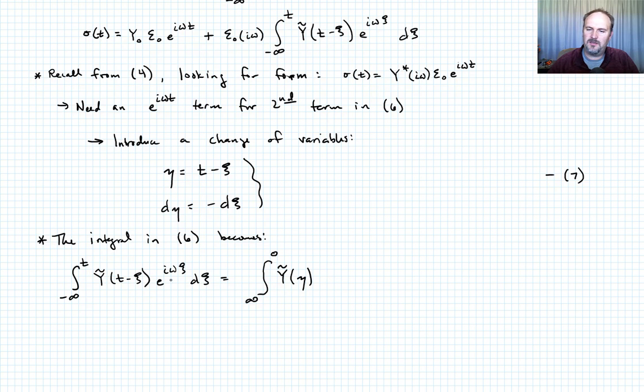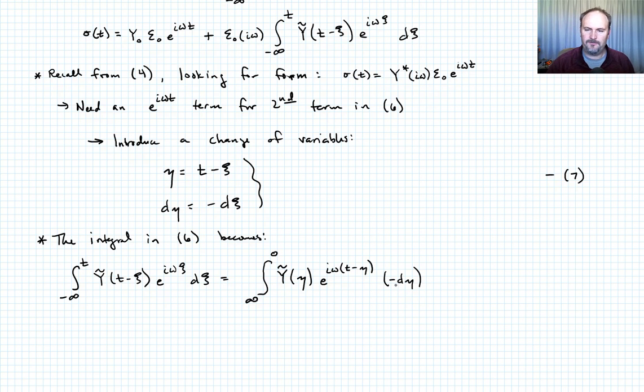And how about this exponent? We have e to the i omega xc. If we solve for xc, that looks like t minus eta. So this is e to the i omega times t minus eta. And then dxc is equal to negative d eta.